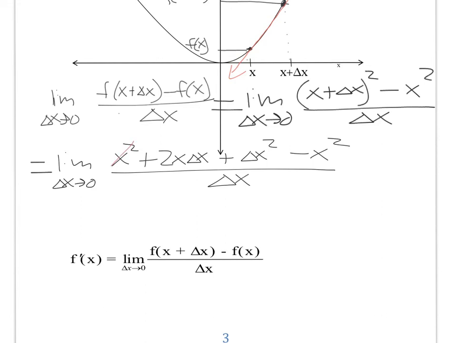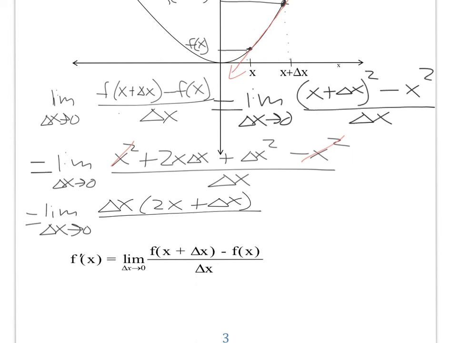Well, look, x squared minus x squared cancels out. And so what I really have is the limit as delta x approaches 0. And now I'm going to see if I can factor out a delta x from each thing. So I put a delta x in front, which leaves me with 2x plus delta x, all over delta x.